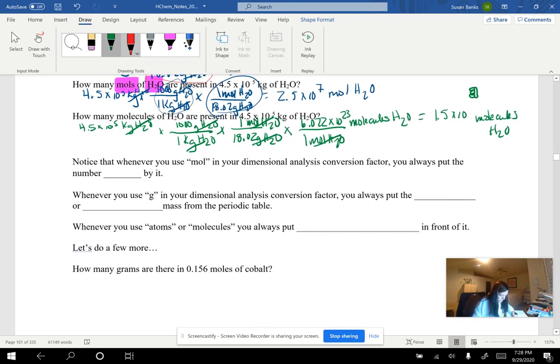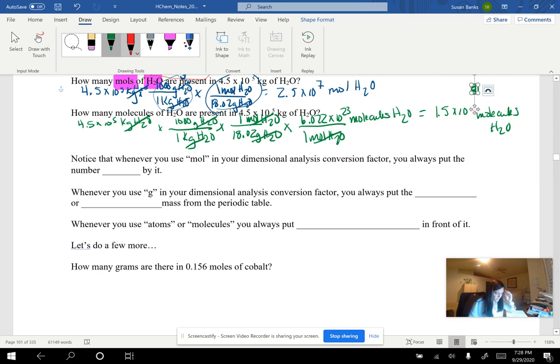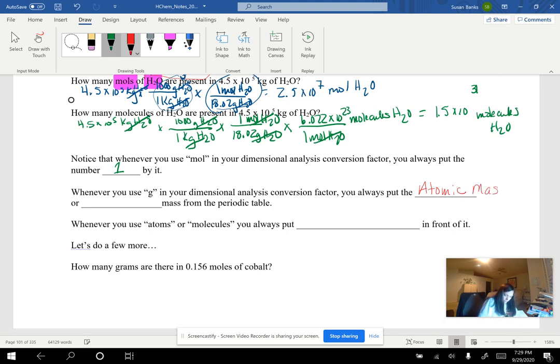Whenever I use mole in my dimensional analysis conversion factor, I always put the number 1 by it because we are always dealing with things in 1 mole increments, okay? Whenever I use grams in my dimensional analysis as a conversion factor, I'm always going to need to put the atomic mass, if it's an element, or the molar mass, if it is a molecule.